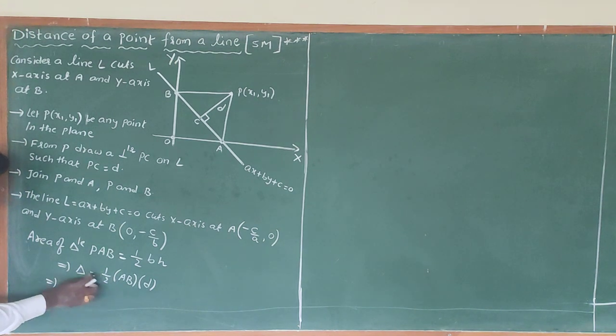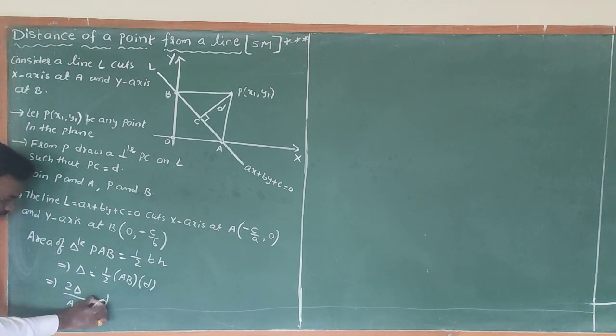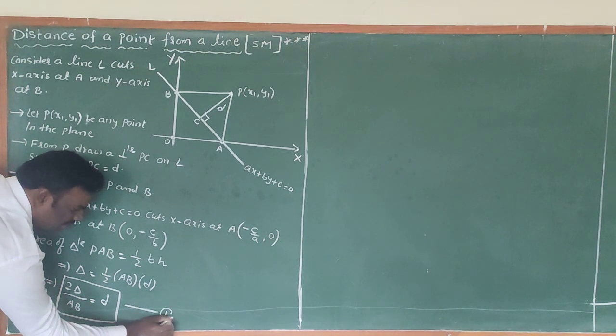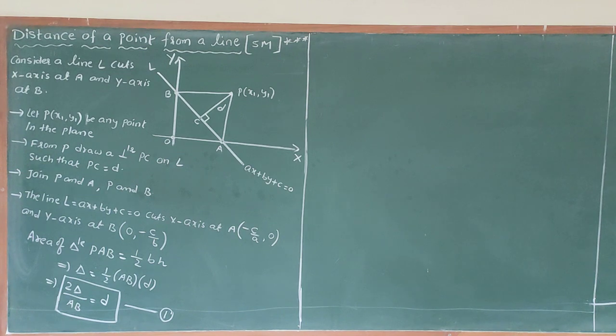That's why I can write 2 delta cross multiply by AB is equal to D. 2 delta by AB is equal to D. This is equation 1. Means if you want to find D, first we need to find delta.